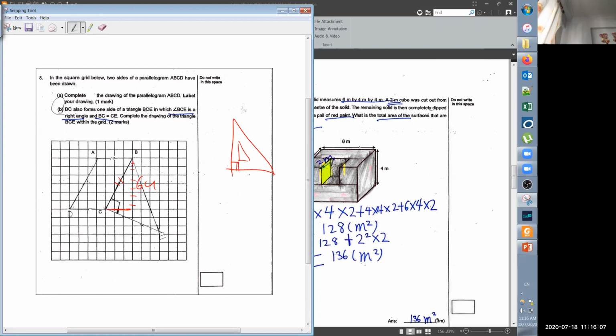So basically your BC is given by 3U and 6U. Do you have a 3U here? Yes, you have 3U here. Do you have 6U here? Yes, you also have 6U here. So that means they are equal. Okay, make sense?